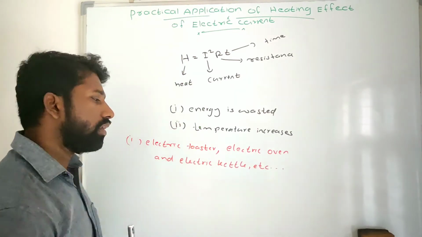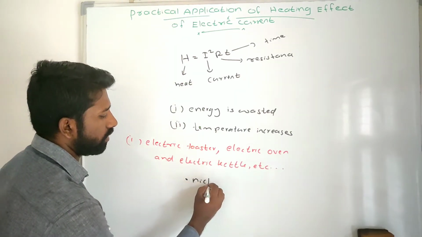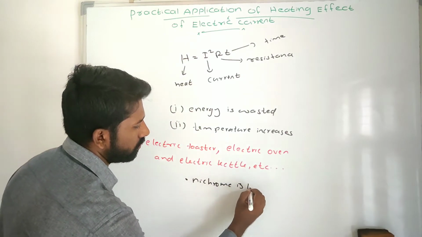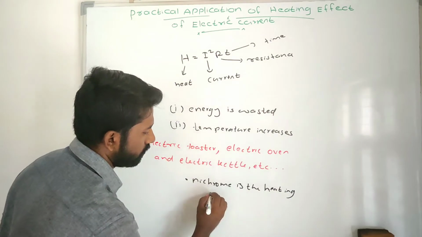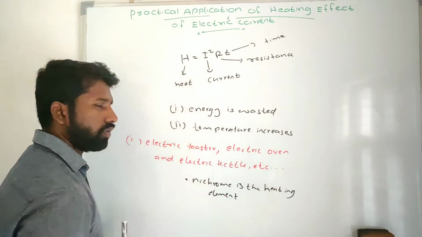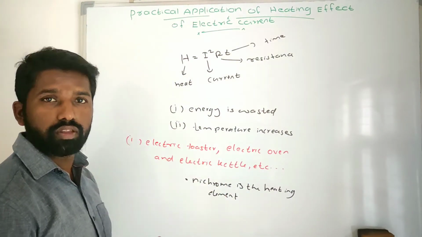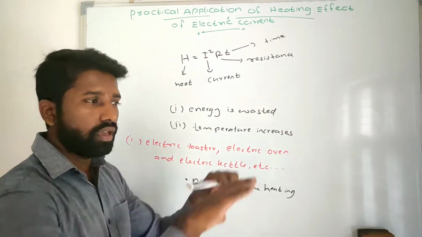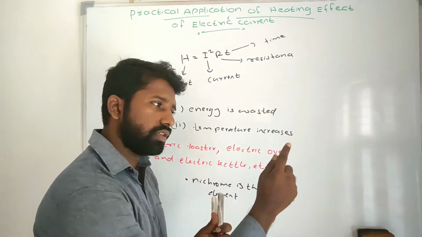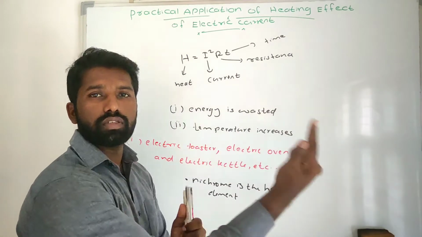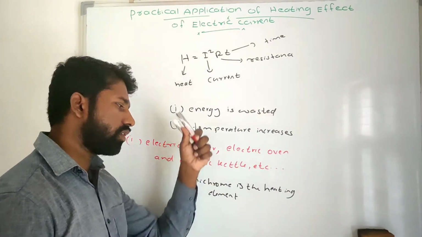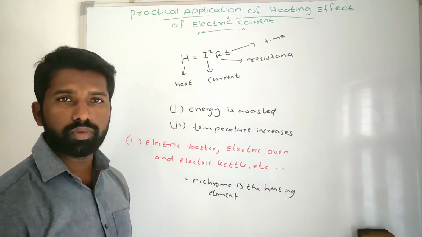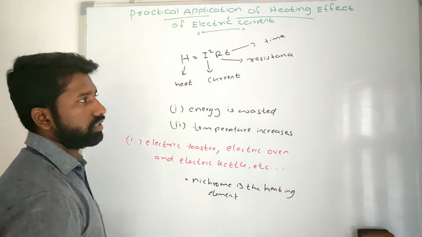In these, nichrome is used as the heating element. You may have observed that in the oven there is a heating cabin, and inside the cabin a wire-like structure is wound around. That wire-like structure is the nichrome wire. Why is nichrome used? Due to some reasons.